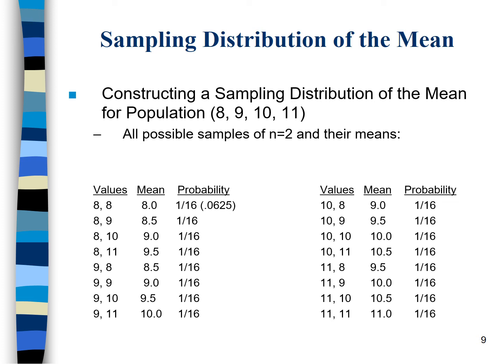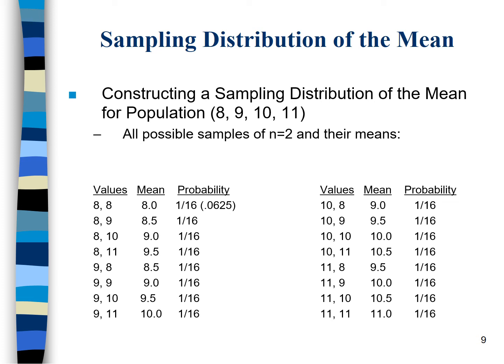Then, in order to construct a sampling distribution of the mean, I need to compute the mean for each one of those samples. So when you look at these columns, that's the second little column within each one. You see the mean for that particular sample. So like 8 plus 9 divided by 2 is 8.5. 8 plus 10 divided by 2 gives me a mean of 9, etc.